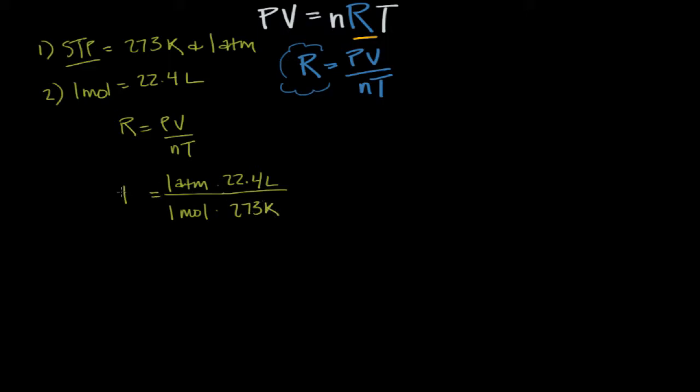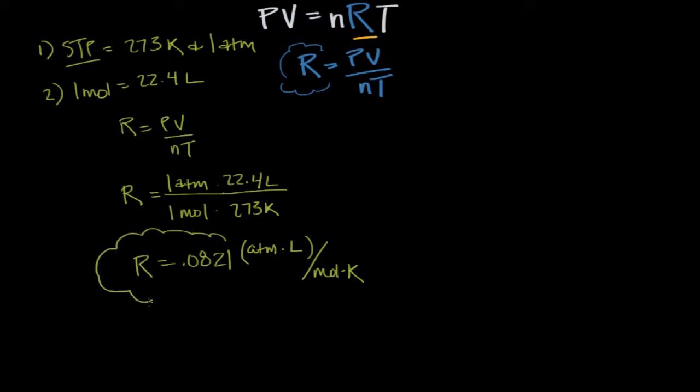And this should equal R. If we solve this out, our 1's cancel, and we really just need to divide 22.4 by 273. That gives us 0.0821. Our units are atmospheres times liters, divided by moles times Kelvin. So the constant R is equal to 0.0821 atmospheres times liters divided by moles Kelvin.